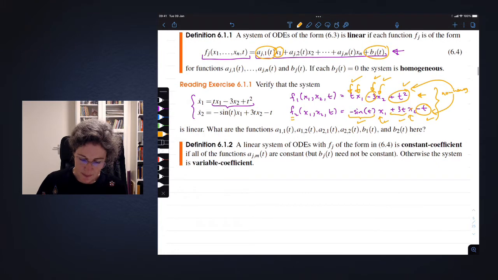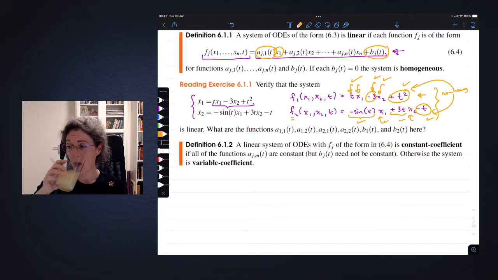All right. So as we saw when we were dealing with just individual differential equations, another thing that we think about is whether the coefficients of each of the terms are constant or variable. Same thing happens here.